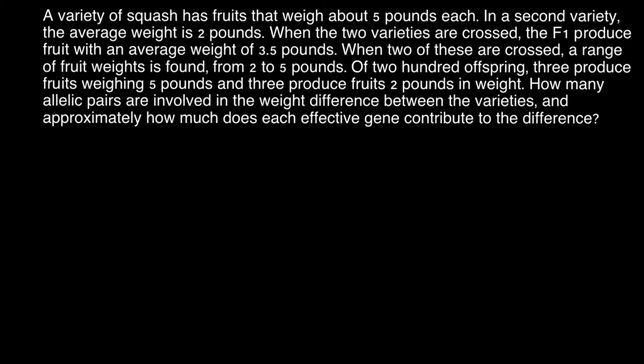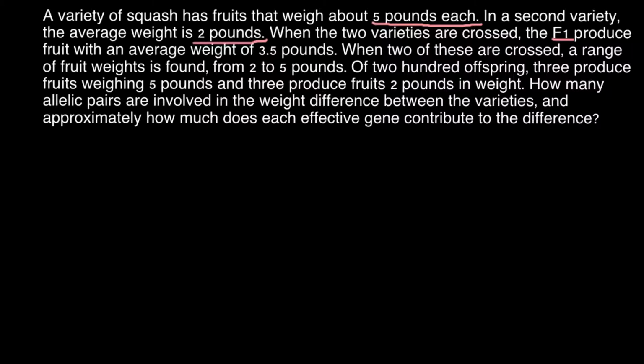So first of all, how are we going to solve this problem? We have to analyze it. We have two squash varieties here. One produces fruits that weigh 5 pounds each, and the second variety produces fruits that weigh 2 pounds. Then we cross them, and this is how we get the F1 generation.